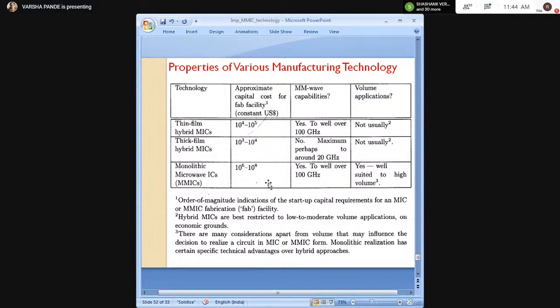If you see a chip of 1 centimeter by 1 centimeter size, or 2 centimeter by 2 centimeter size, all the circuits are fabricated within the chip, and this chip has a characteristic impedance of 50 ohm, so that it can be cascaded to another IC, and again it can be connected to the receiving and transmitting antennas also. You can see these are compared on different parameters. You can see here this is the mostly used or mostly suitable.